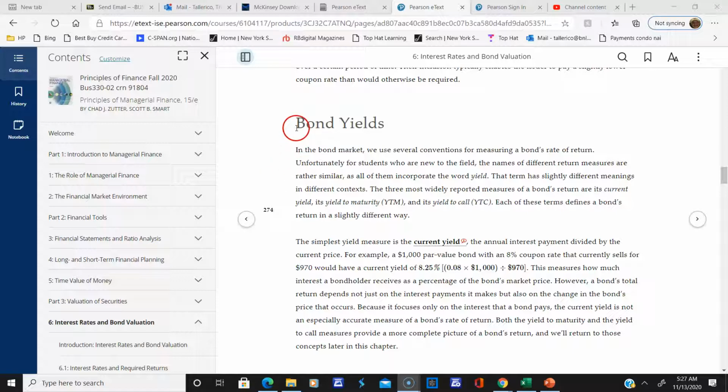So I want to pick up here with chapter 6, and this is probably the most important thing, bond yields. Okay, so we're going to talk about bond yields this morning. Yields come in a variety of names, and basically you'll see the word yield.